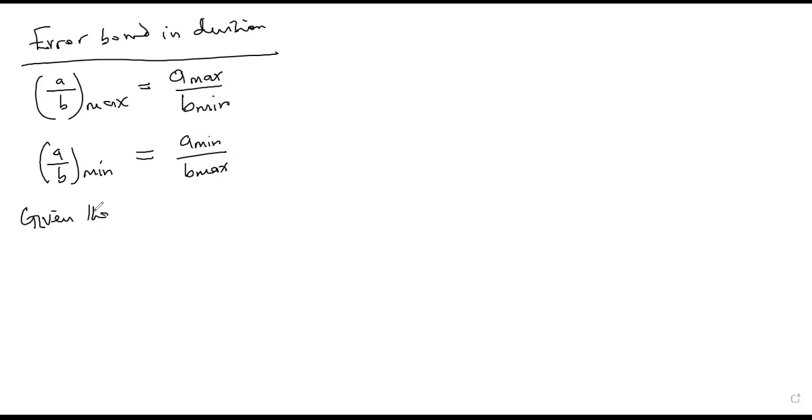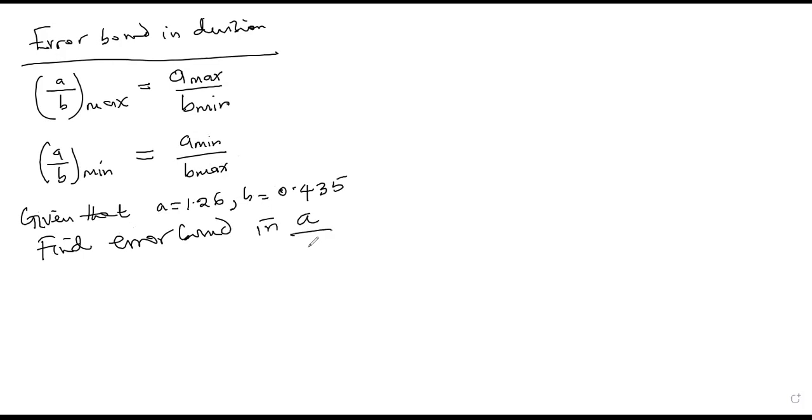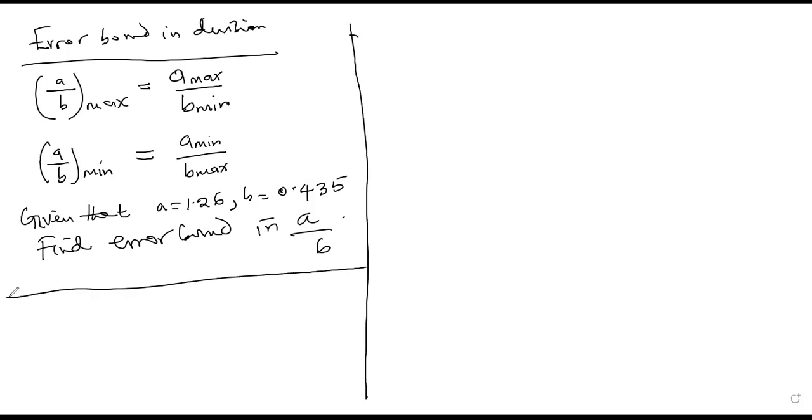For example, given that A is 1.26 and B is 0.435, let's find the error bound in A over B. Here, we first need to get the maximum value. Let me take you through that very fast.